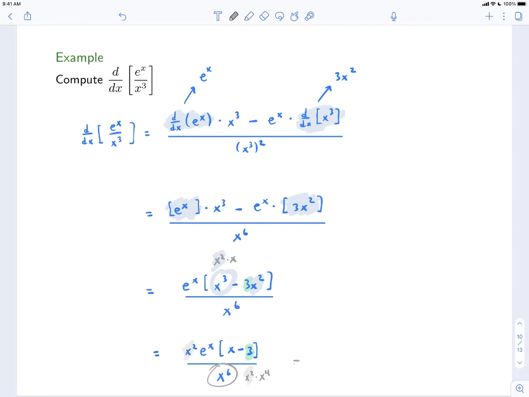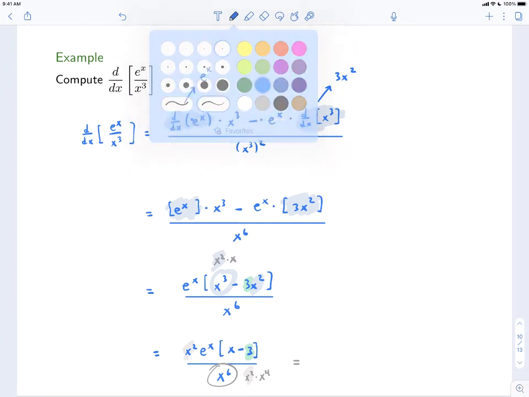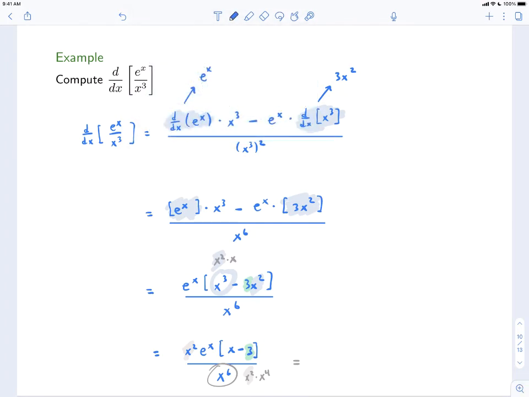So this will be equal to e to the x times x minus 3, and we'll divide all this by x to the 4. And that's our answer.